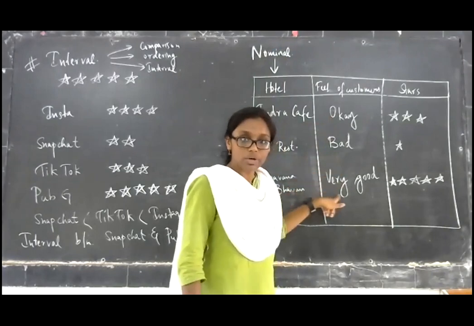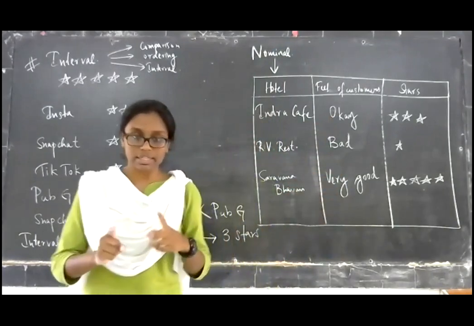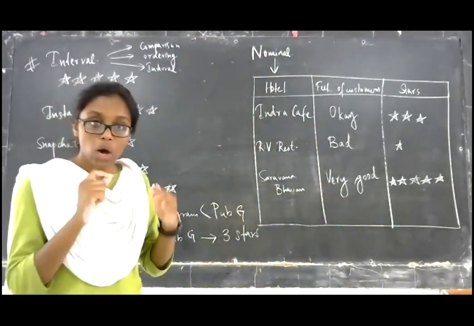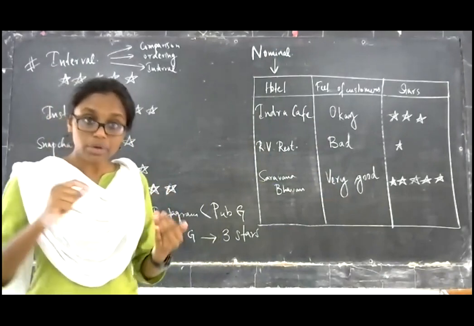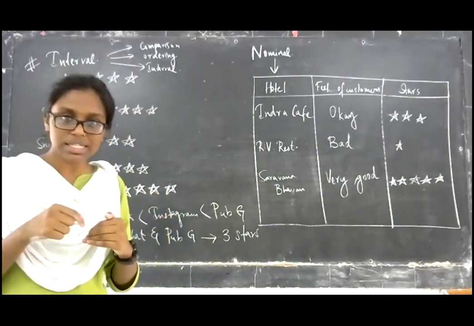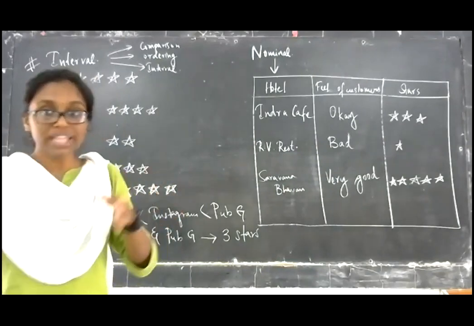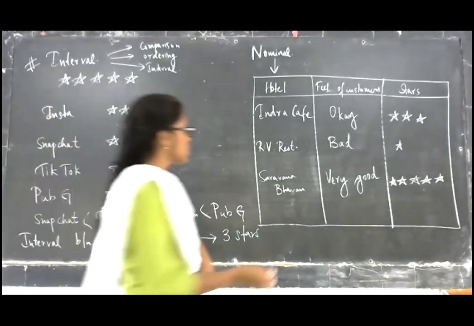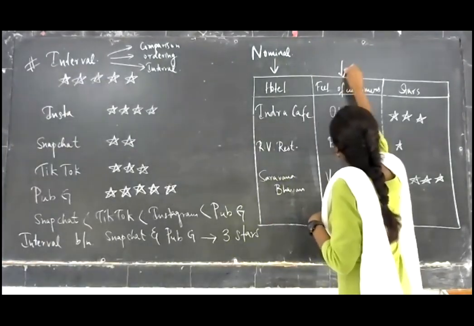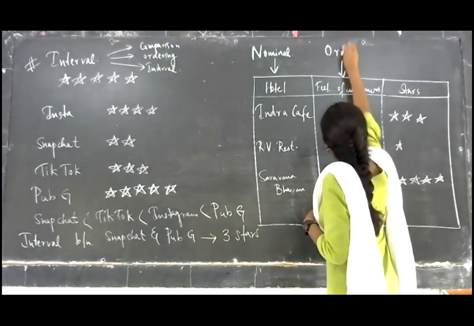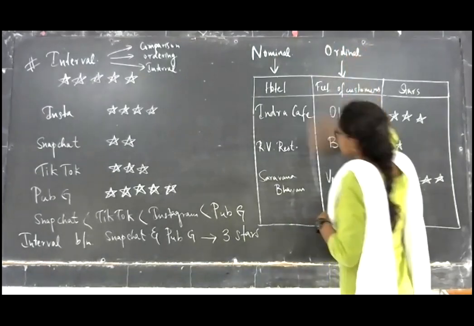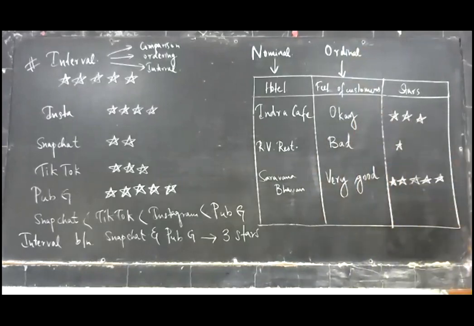Now look at this: bad, okay, very good. You can compare 2 of the data. You can tell okay is better than bad, and very good is better than okay. So you can put them in order, and this column represents ordinal data. Now come to the last one. You can put them in order: 1 is less than 3 is less than 5.